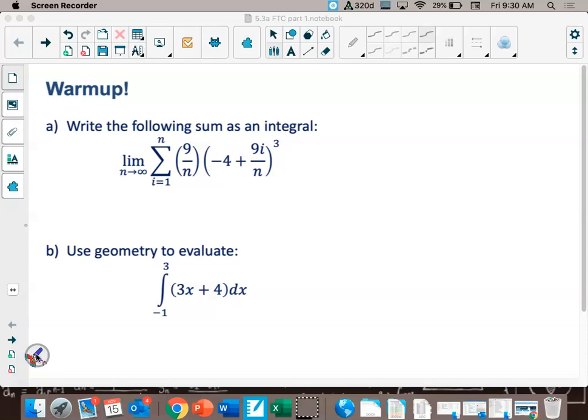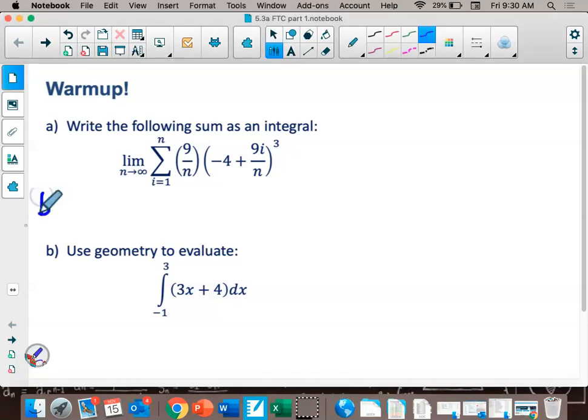So here's the thing. We know our width is 9 over n. So our b minus a over n is 9 over n, which means that b minus a, or the difference between the left and right endpoints, has to be 9. All right, so we all got that. So now, what are we plugging into our function?